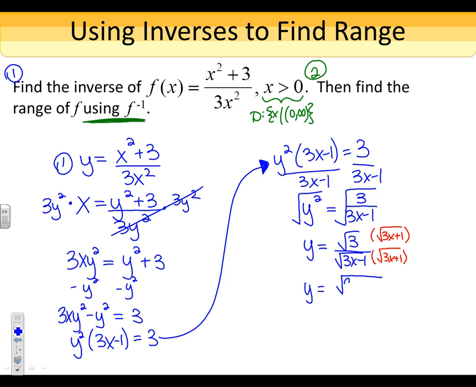So I have the square root of 9x plus 3 over the square root of, let's see right quick, so we have 9x squared plus 3x minus 3x minus 1.